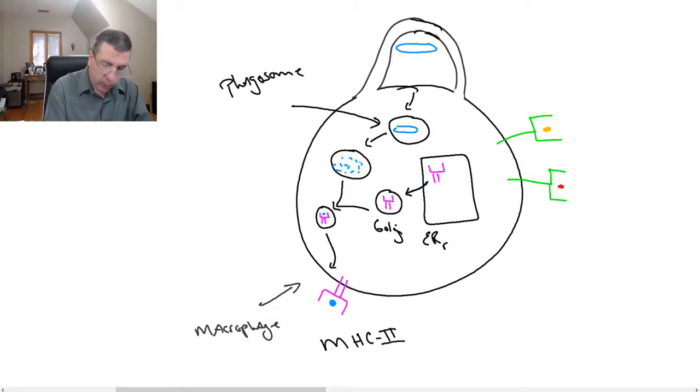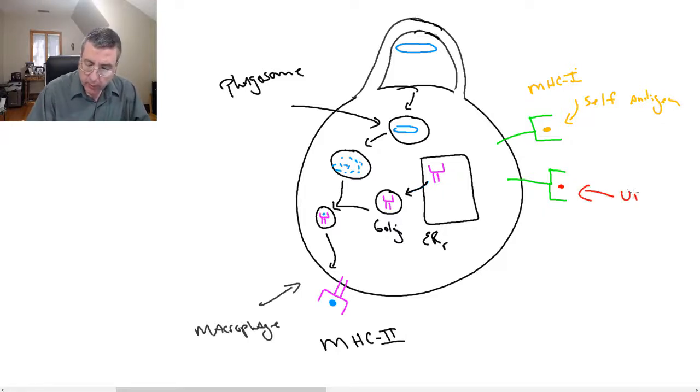So these were MHC I platforms, and we had them at least color coordinated. These are self antigens, and this one was viral, but both were MHC I. And then this is MHC II.